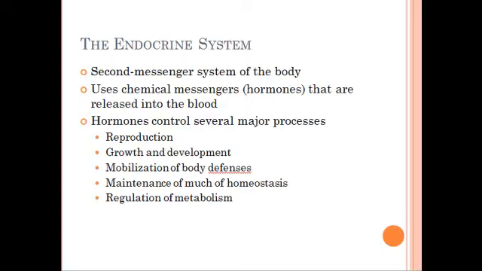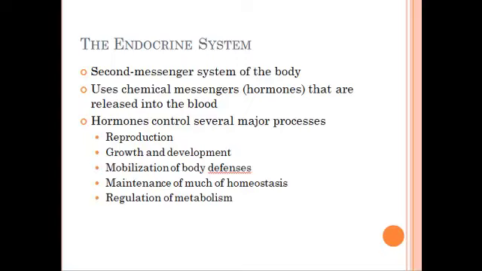So as the blood's flowing all around the body, these hormones are traveling, and only when they come in contact with those cells that they're trying to signal will that signaling be carried out. The nervous system, on the other hand, is very specific, very direct in its pathway. So those neurons leave the brain, leave the CNS, and go directly to the muscles or the organs that are wanting to be stimulated.